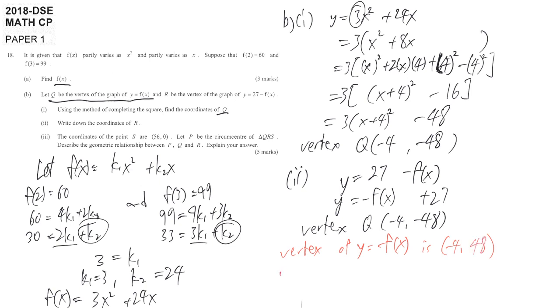Finally, we are going to add 27. Y equal to -f(x) plus 27 is -4, and then on top of 48 plus 27 we get 75 there. So R is (-4, 75).